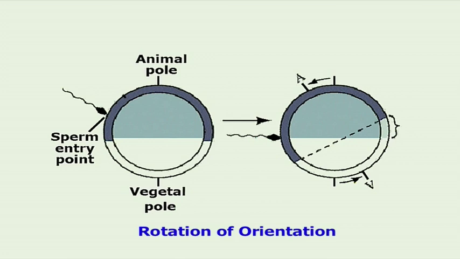Along with rotation of the cytoplasm within the membrane, the cortical granules burst open into the perivitelline space and their contents adhere to the vitelline membrane, which now becomes tough fertilization membrane and checks the entry of other sperms into the egg.